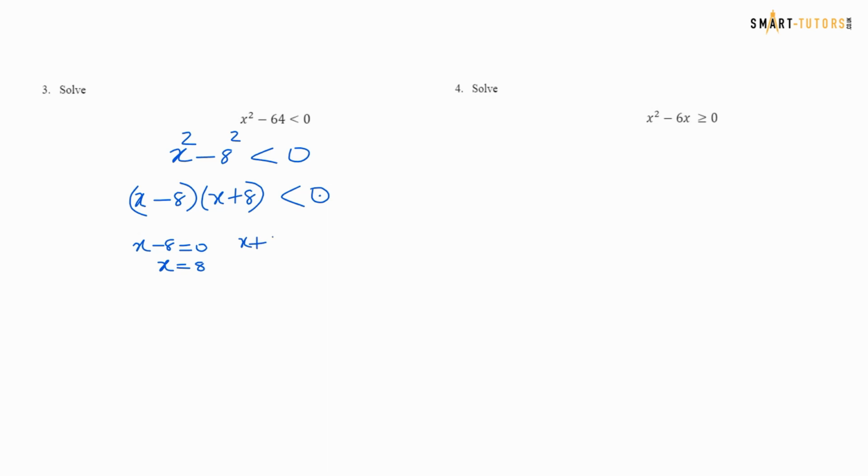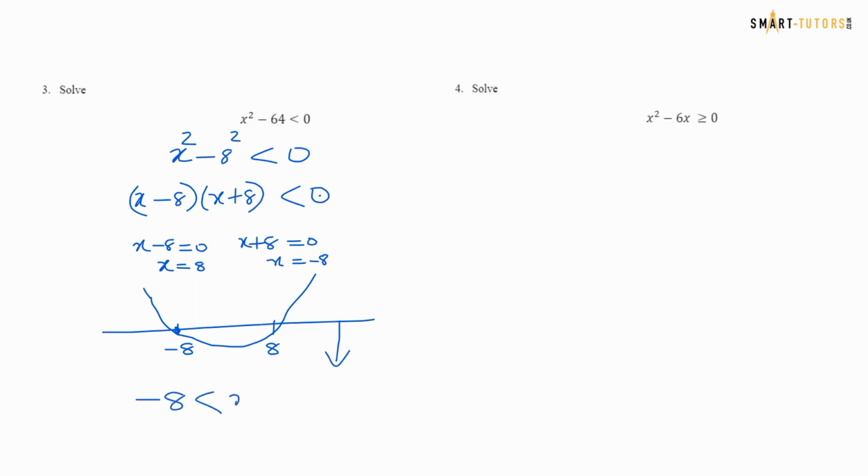X plus 8 equals 0, x equal minus 8. So the line here is minus 8 and positive 8. Again it is a quadratic graph, happy face graph, because x squared is positive. Now it's less than, so below, so the answer is minus 8 less than x less than 8. That is the answer for question number 3.